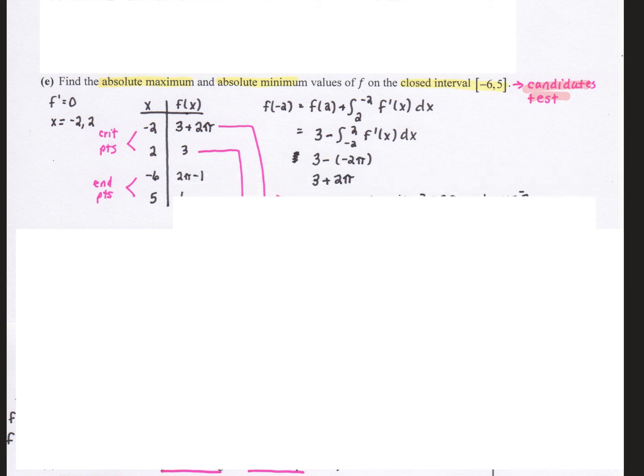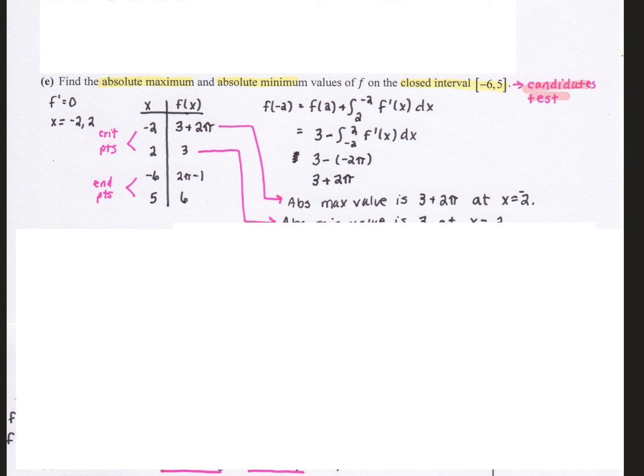And I get that that value is 3 plus 2 pi. To find f of 2, well, that's an easy one because I'm told in the stem of the problem that f of 2 is 3. The next 2 are easy as well because in part B, I was asked to find f of 5 and f of -6. So I just need to pull those values down.